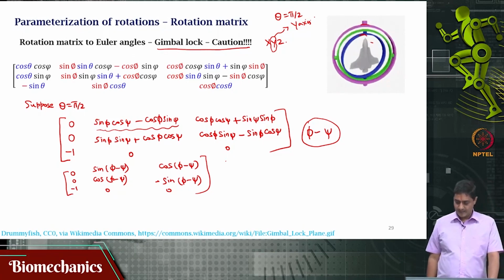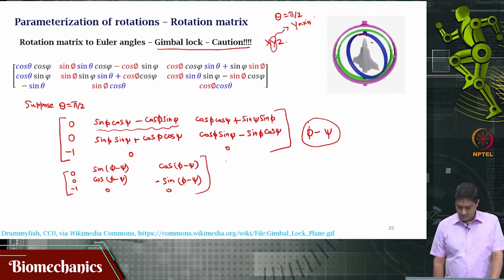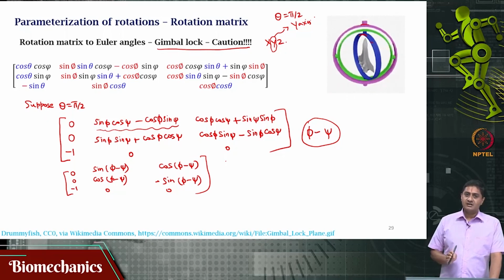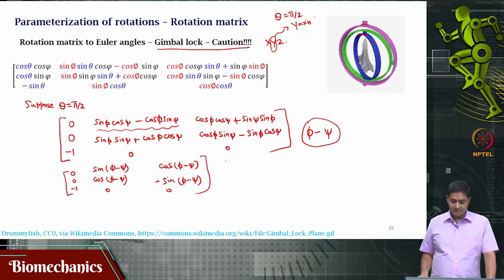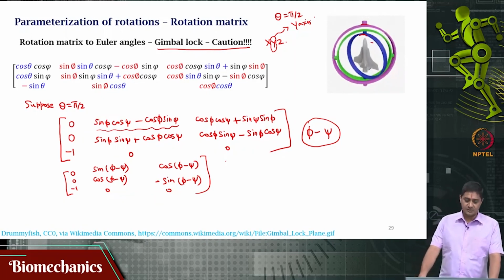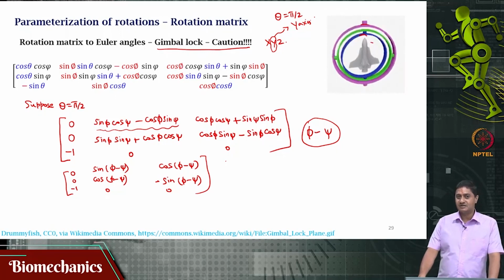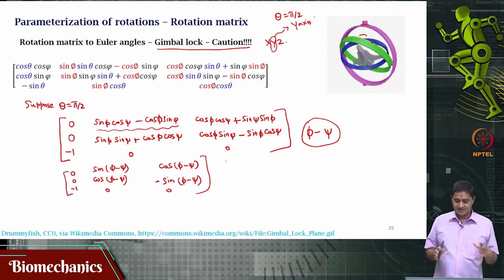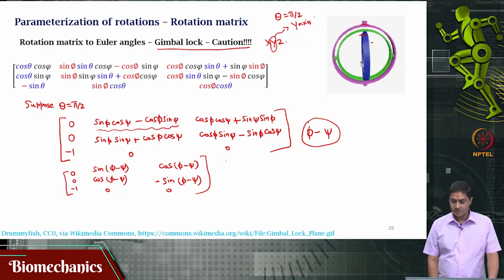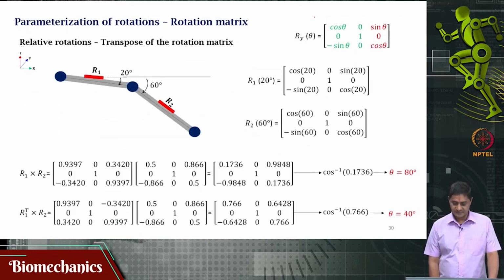Now, we will have a longer discussion about this in a future video, but keep in mind that if theta equals pi by 2, or the second angle goes to pi by 2, then the whole representation breaks down, and we get quite a bit of complexity, or ambiguity, here. This is called gimbal lock.